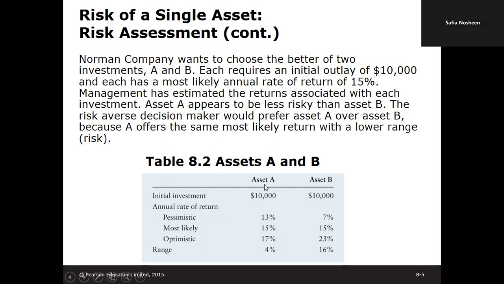Here in asset A it is 4%, whereas in asset B it is 23 minus 7, 16%. The greater the range, the greater the difference between the best and the worst one, and the more risky the asset would be. So range tells us about the difference between the worst one and the best one.